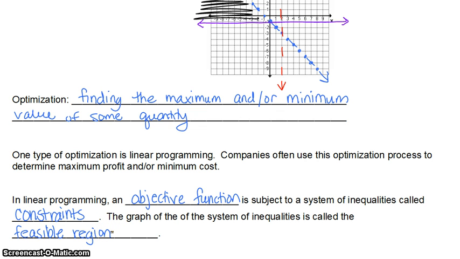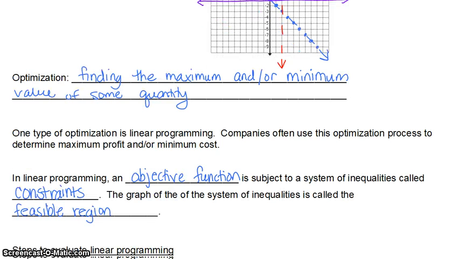So you're going to graph all of your inequalities the same way we did in our warm-up problem. Those are what we would call the constraints. So those three inequalities from the warm-up, those would be the constraints. You would have a separate objective function that you would look at to compare the feasible region, which is the shaded part of your system of inequalities.